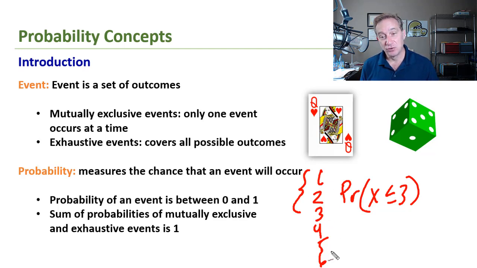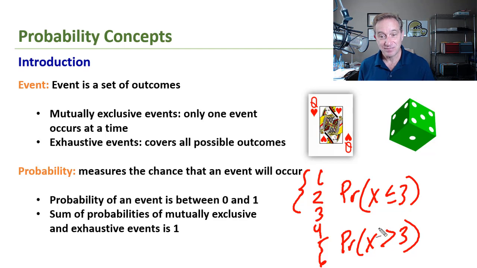Similarly, if we wanted to define this as a probability distribution, we would want to include the other event that is mutually exclusive to this, and that would be the probability that x is, let's say, greater than 3. That is also an event that includes 3 outcomes, 4, 5, or 6.